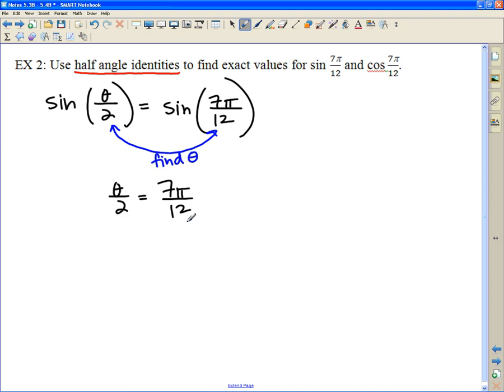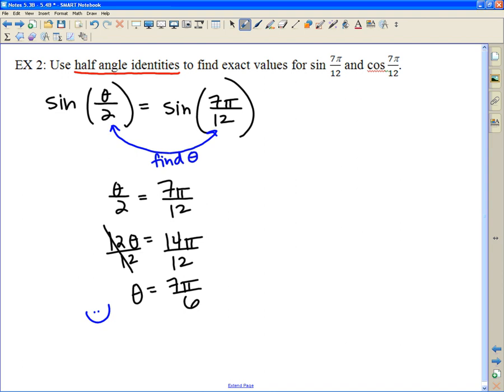We're going to cross multiply. So 12 theta equals 2 times 7 pi, which is 14 pi. I'm going to divide both sides by 12. Theta equals, oh, this is nice. 14 over 12 is 7 pi over 6. That works out conveniently because 7 pi over 6 is something that you're used to on the unit circle.